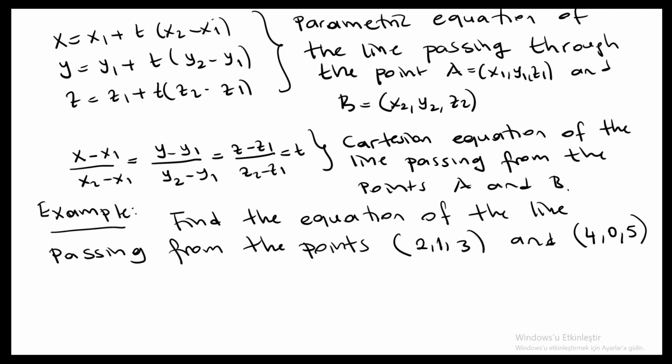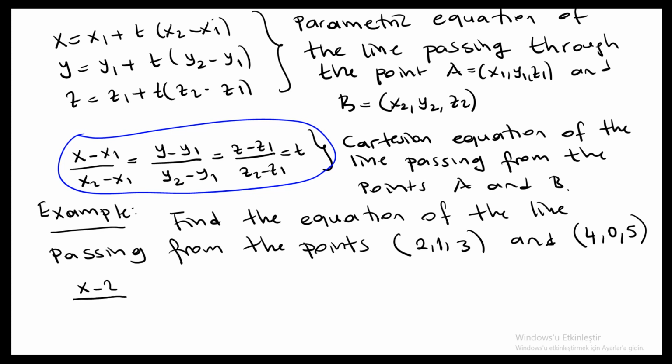So we will use this equation. You can write here (x minus 2) over (4 minus 2), (y minus 1) over (0 minus 1), and (z minus 3) over (5 minus 3).